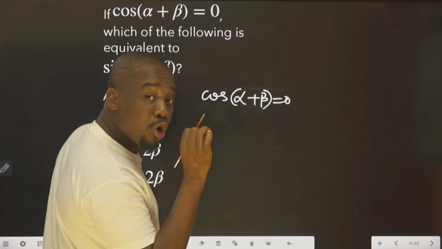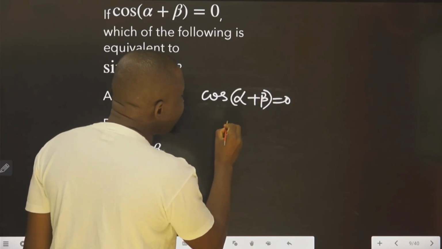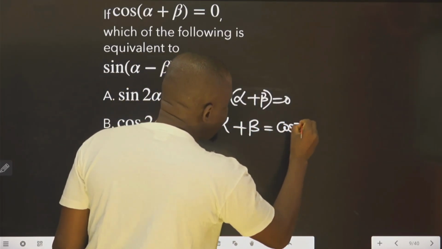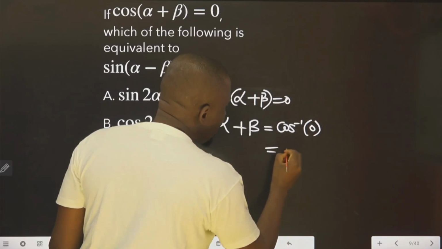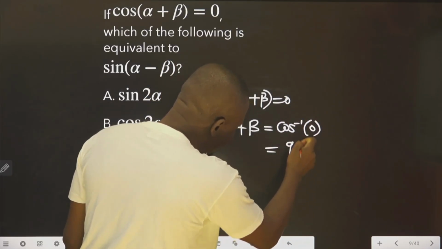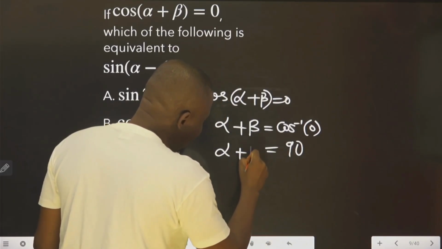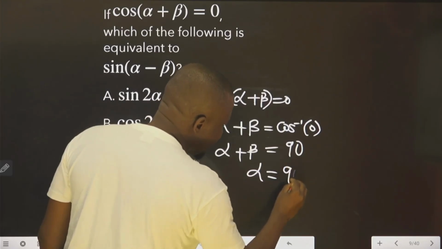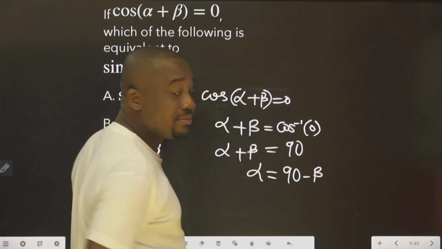If you know your trigonometry, you can move this to this side to have the inverse of 0. This is simply equal to 90. It means this plus this is equal to 90, to say alpha here is equal to 90 minus beta.